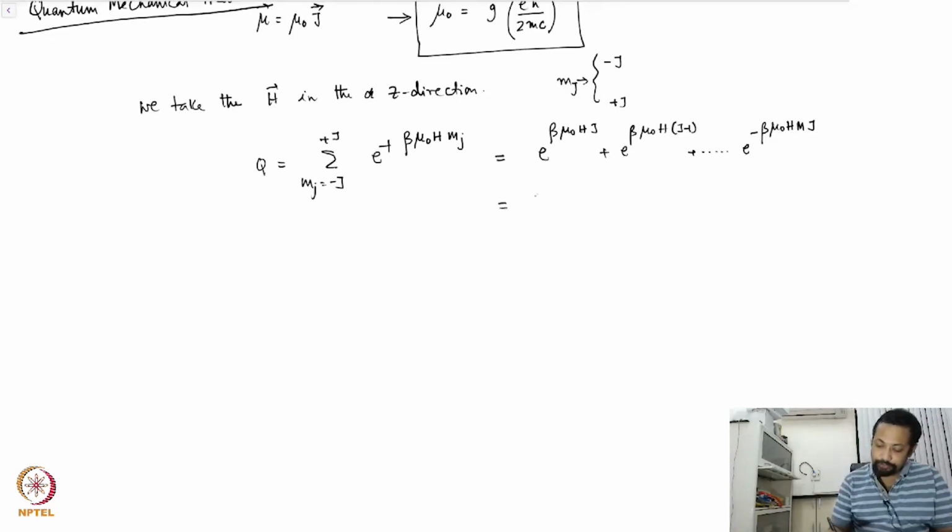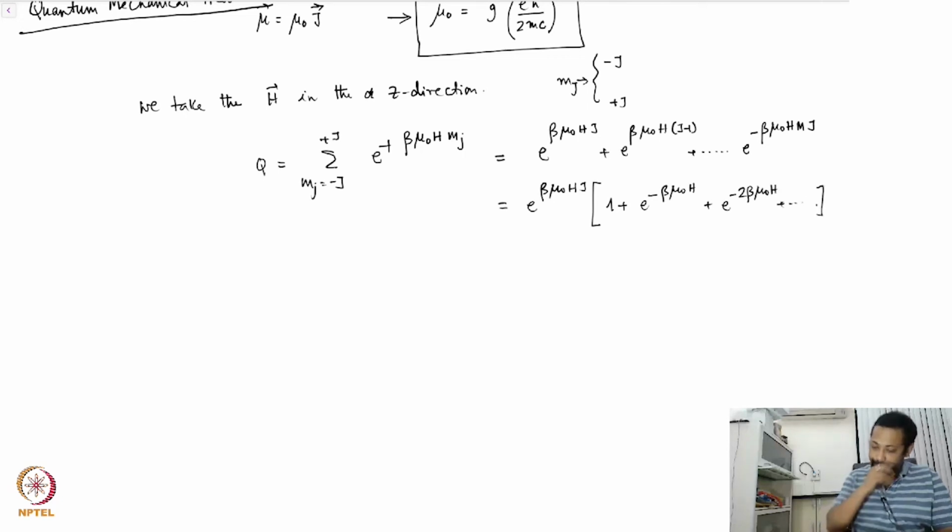So now we can take e to the power beta mu naught h j common, and the series is going to be 1 plus e to the power minus beta mu naught h plus e to the power minus 2 beta mu naught h, so on and so forth, ending up to e to the power minus 2 beta mu naught h j.